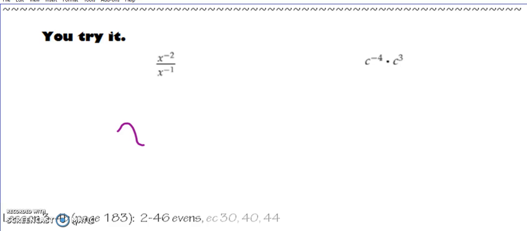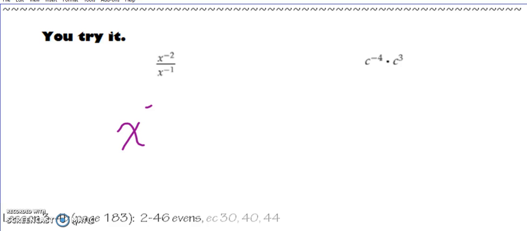Okay, let's look at the next example. We've got x to the negative 2 over x to the 1st power. First of all, you could stick that x to the 1st power up here and the x to the negative 2 down here. If it's in the numerator, you can put it in the denominator and get rid of that negative exponent. Or you could write a subtraction problem with the rules that we already know.